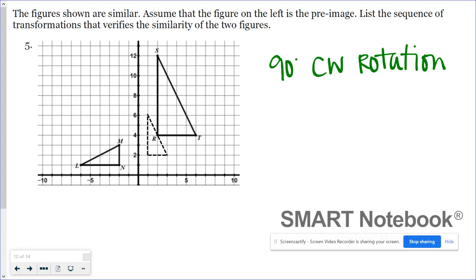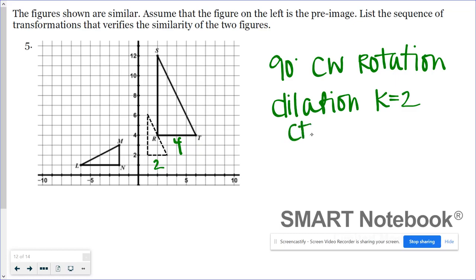And then from there, I can see that I need to perform a dilation in order to get it to be the same size as triangle RST. And it's looking like I need to dilate it by a scale factor of 2. And I should definitely use the center of dilation at the origin, because that's just going to make it easier.